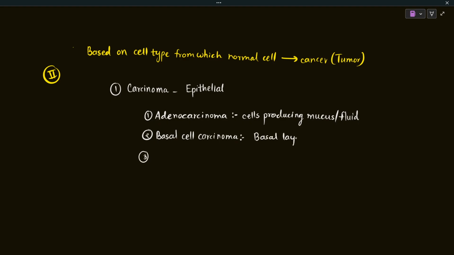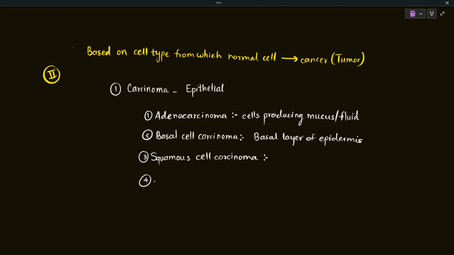There's another type known as squamous cell carcinoma. We know that the squamous cells form the outer surface of the skin. So when there is transformation from normal cell to the tumor cell, and the tumor is formed from the squamous cells, we call them squamous cell carcinoma.